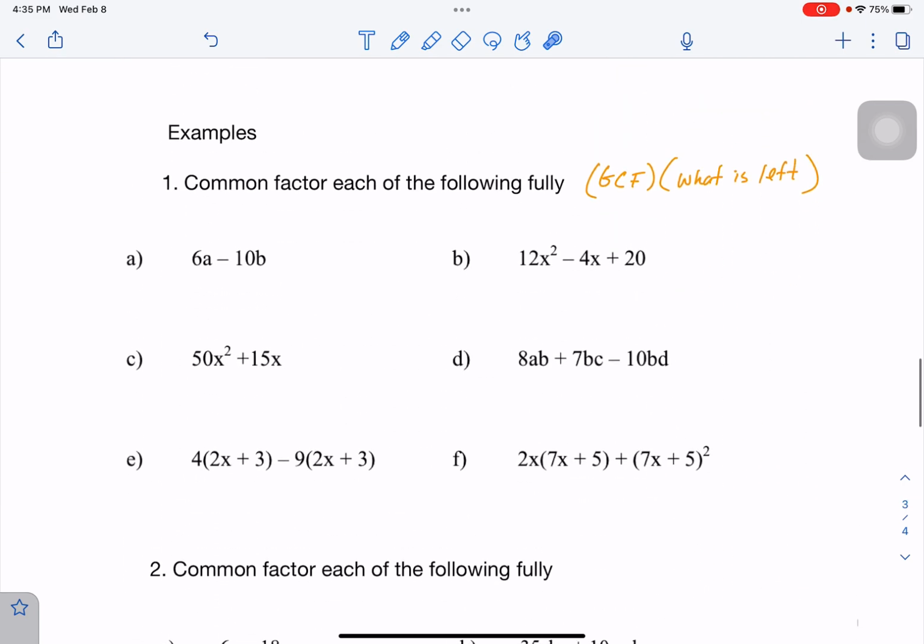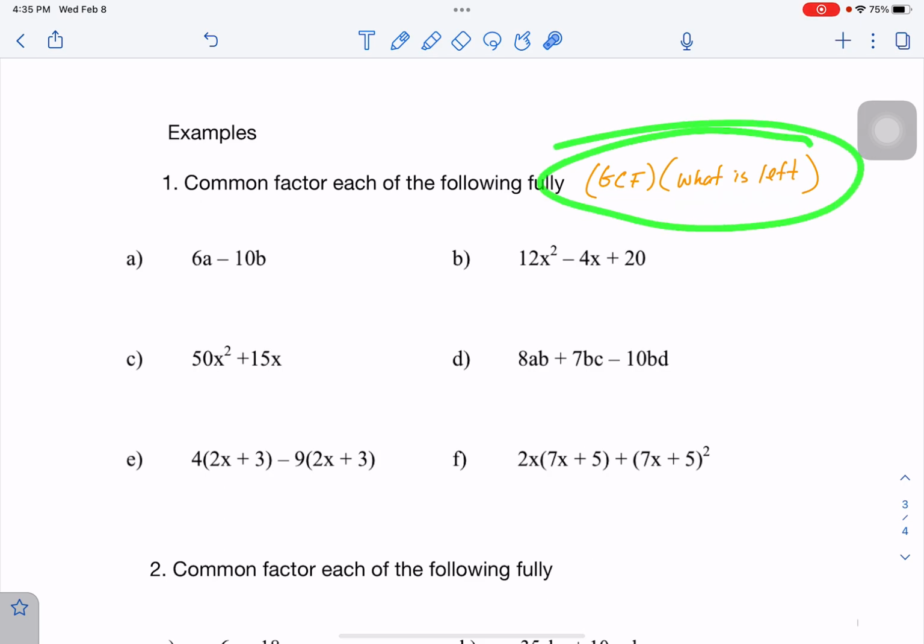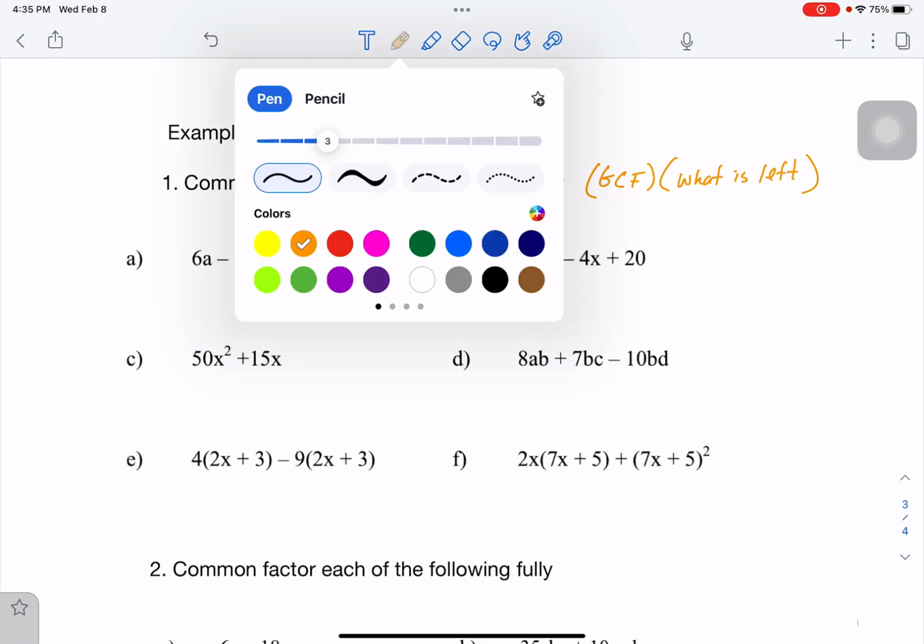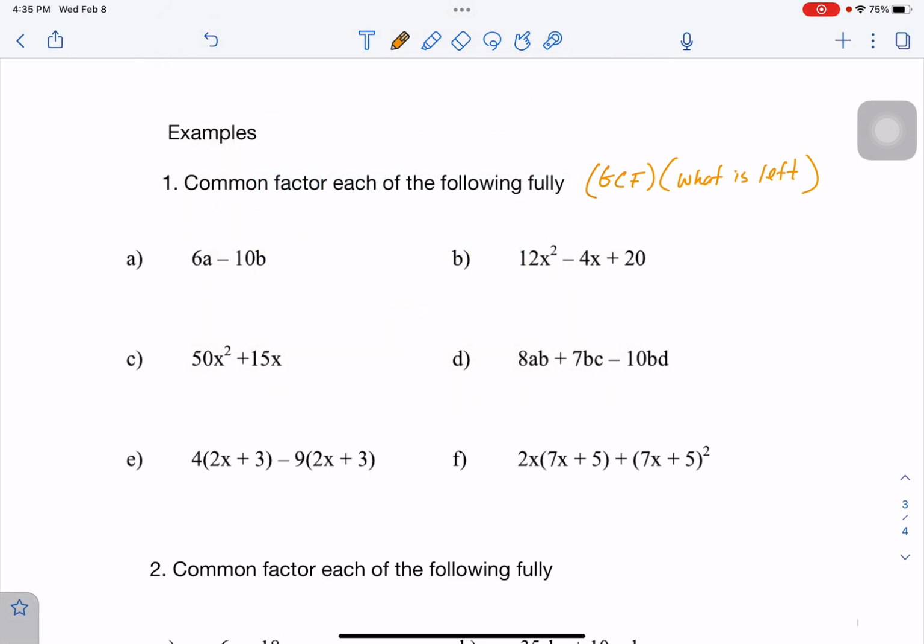So I want to figure out the GCF for each of these, and then we'll figure out whatever's left over, and they are going to be multiplied together. In this case over here, I have a GCF of 2. It's the only thing that goes into both of those terms. We take the 2 out. What are we left with? Well, 6A divided by 2 is 3A, and 10B divided by 2 is negative 5B, and we're done.